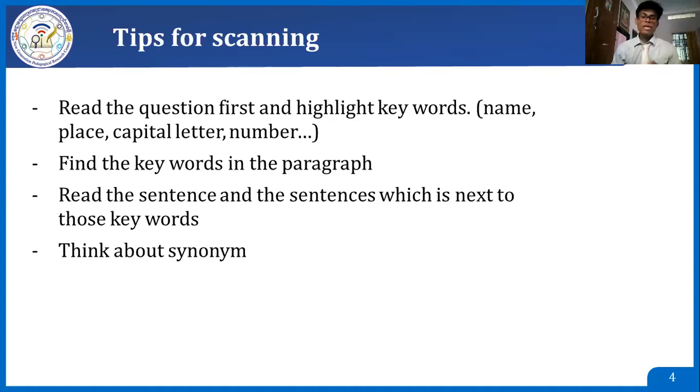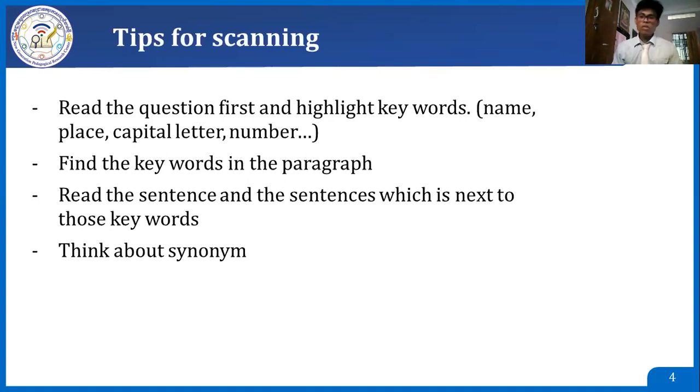Normally when you are doing reading skill, reading passage, there is a text and several questions. What you have to do is have a look at the question, read it, and try to highlight the keywords.